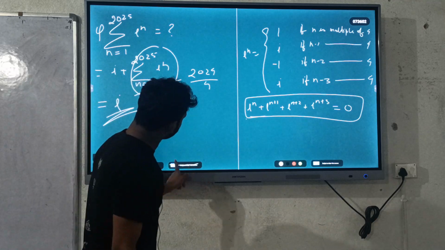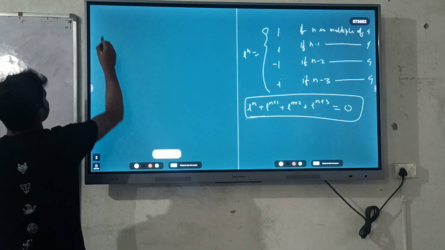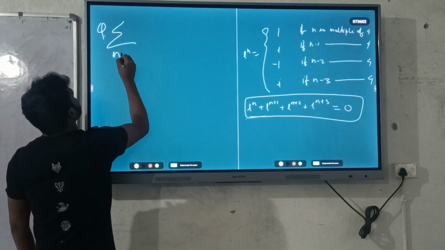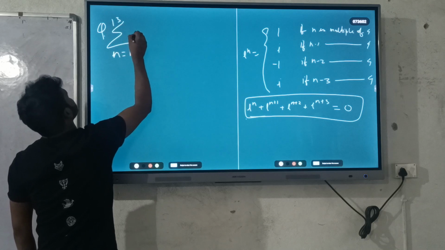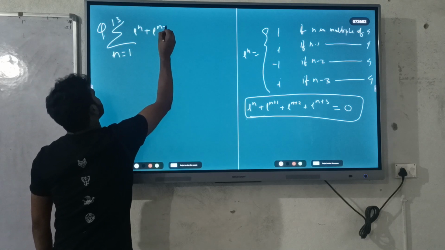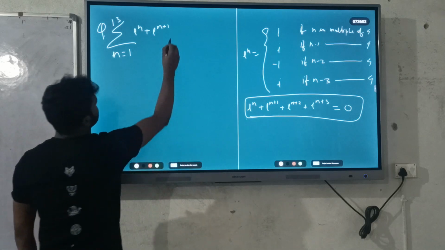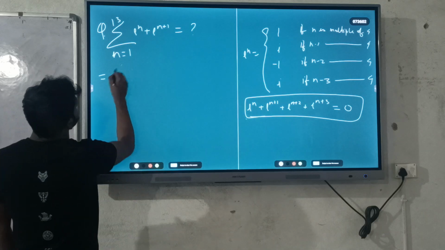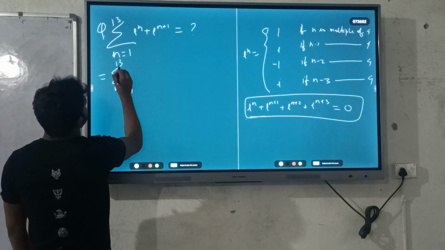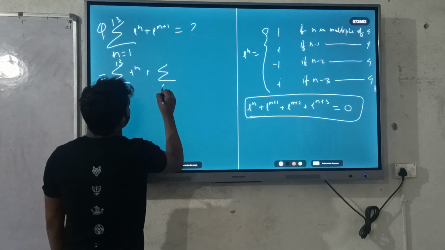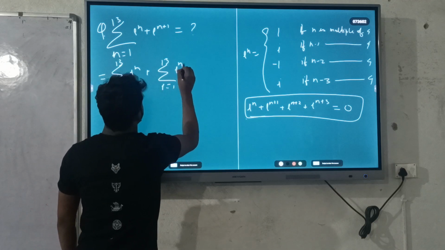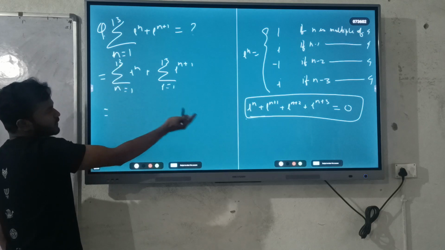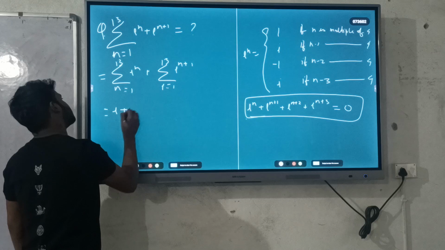If we want to do a next question, let's take the summation of n from 1 to 13. We want to solve this summation. What we did: just first distribute the summation. Now using the same concept that we used previously, we have a total of 13 terms. We cannot divide them into blocks of 4, so we write the first term separately.